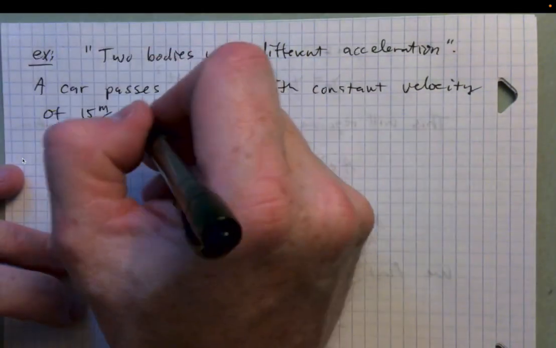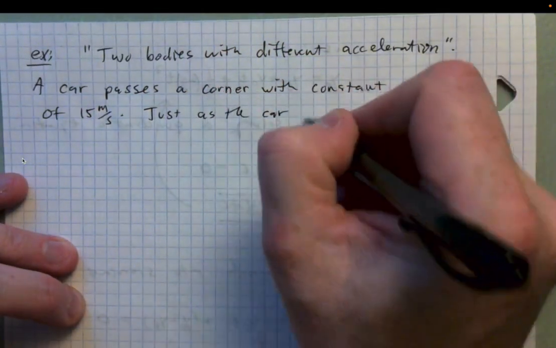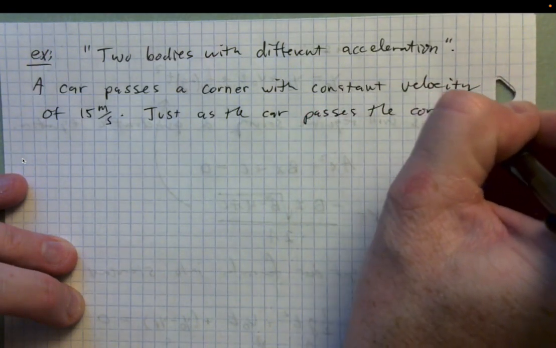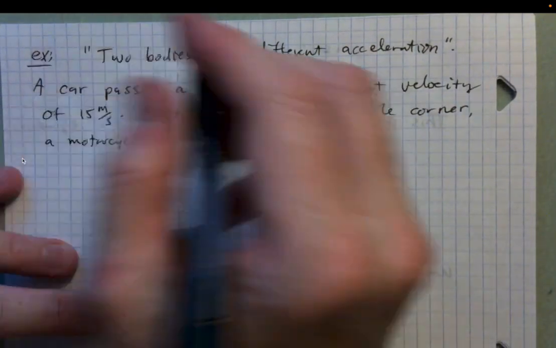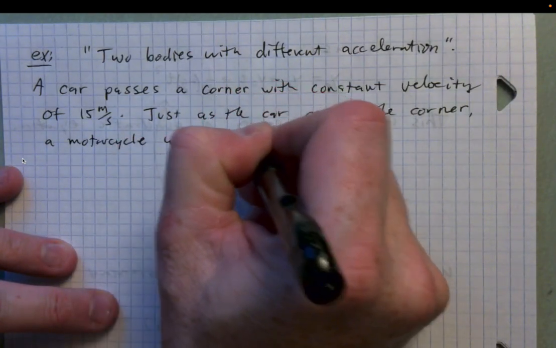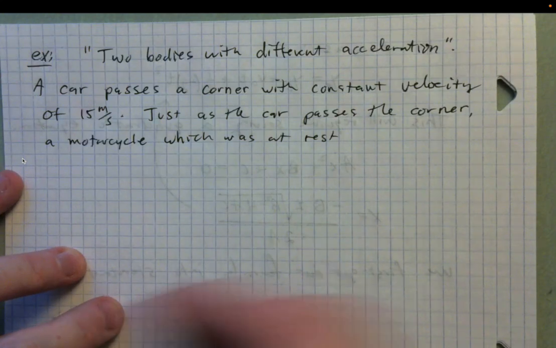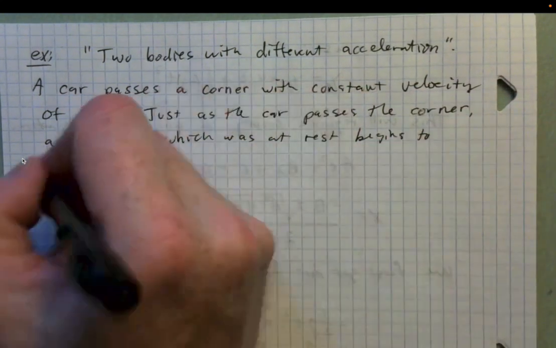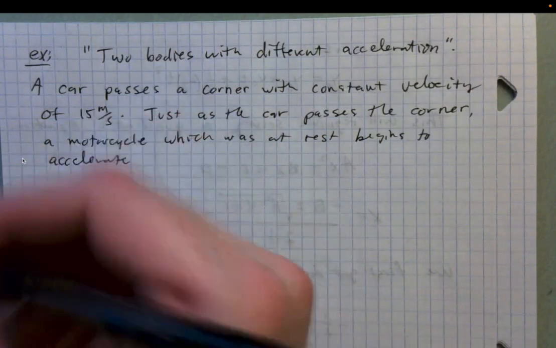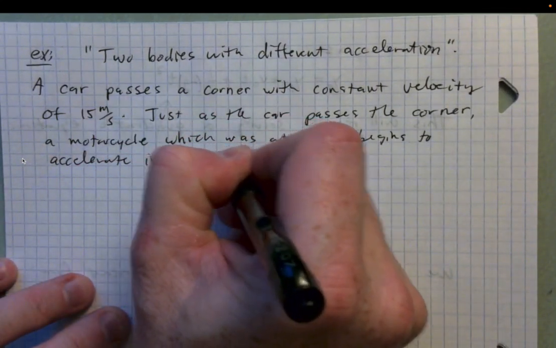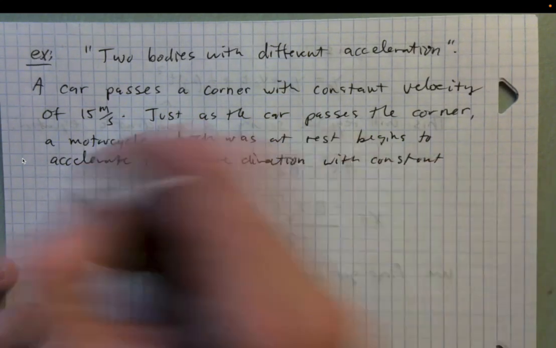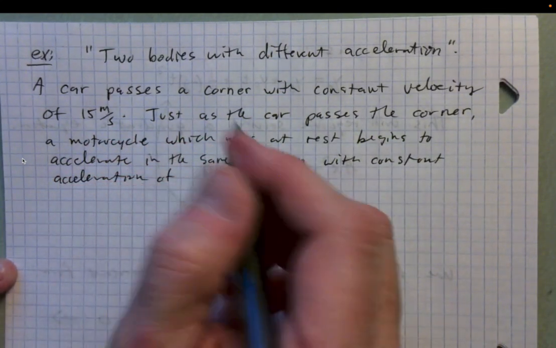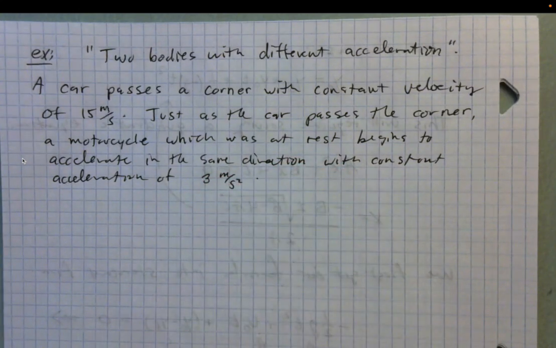Now, just as the car passes the corner, a motorcycle which was at rest begins to accelerate in the same direction as the car, with constant acceleration of 3 meters per second squared. Okay, so that's the idea, right?